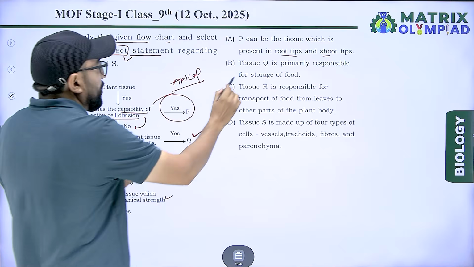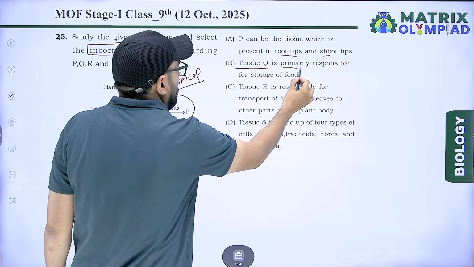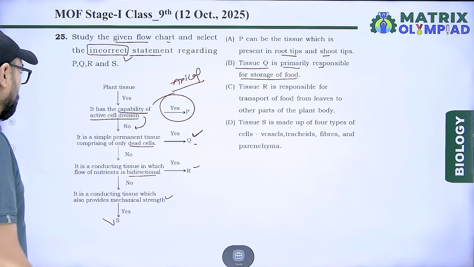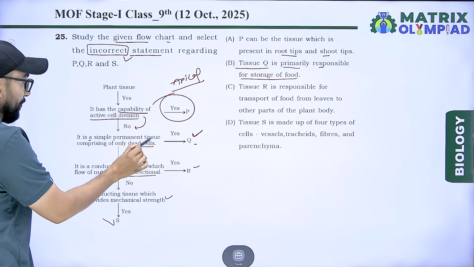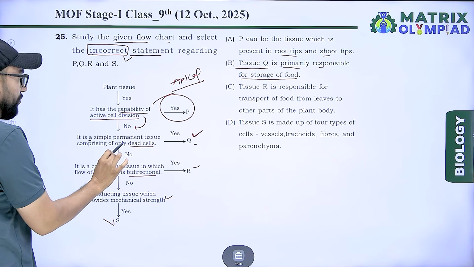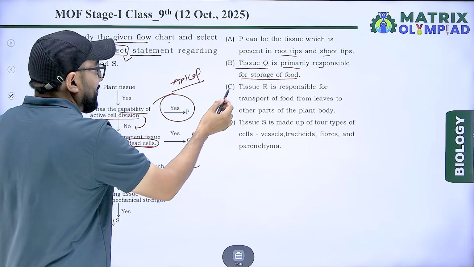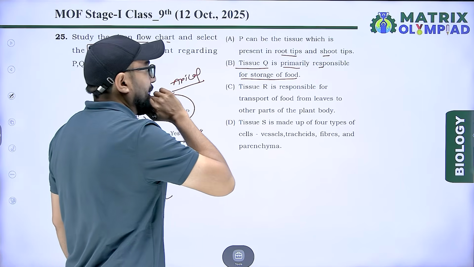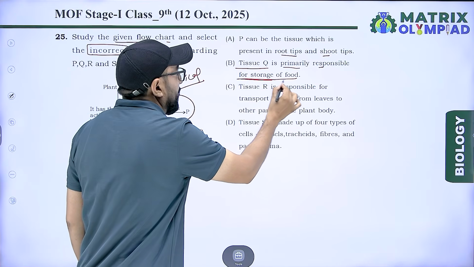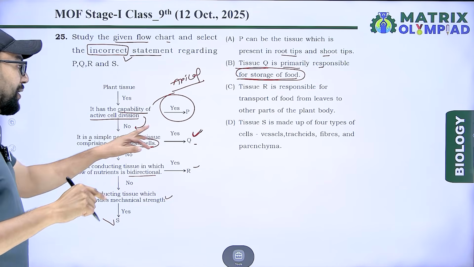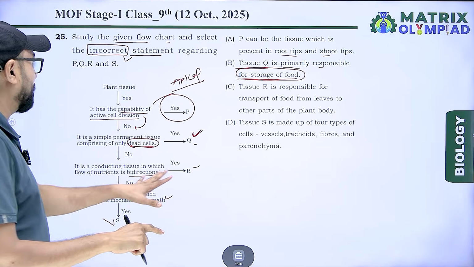Next, tissue Q is primarily responsible for storage of food, but Q is simple permanent tissue comprising of only dead cells. So this is not correct, because storage of food is not present in Q according to the flow chart.